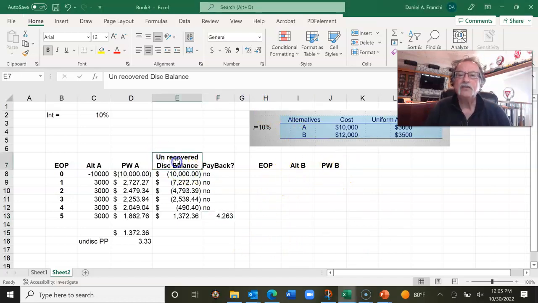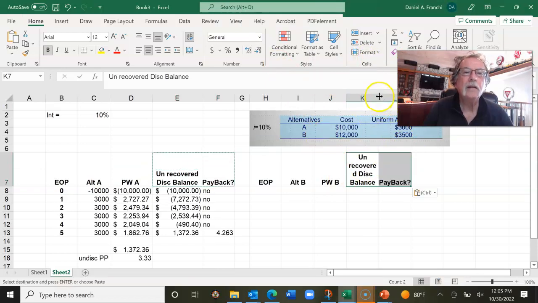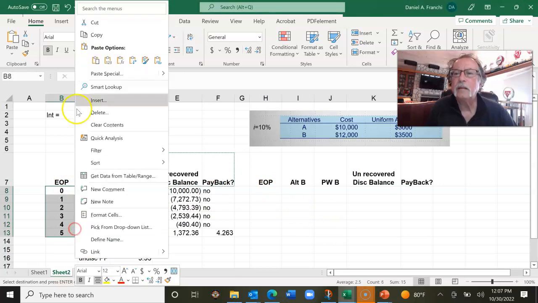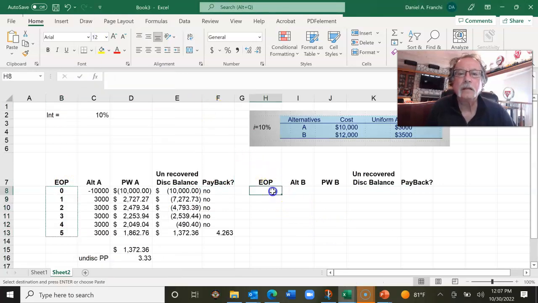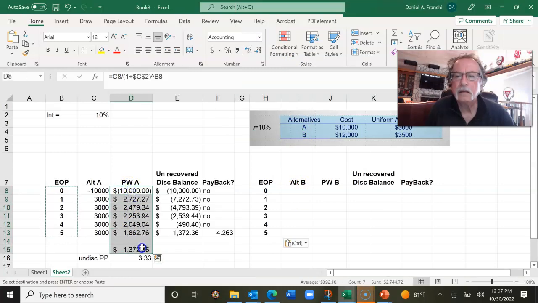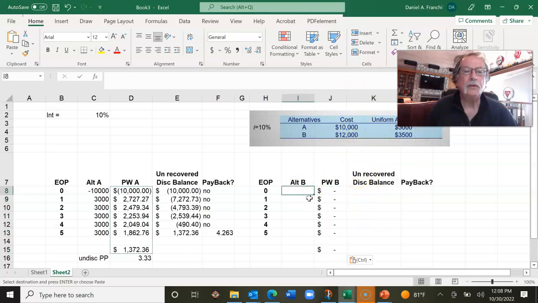Okay, then we can do the same exact thing. Now we can do the same thing for alternative B. We're going to invest 12,000.